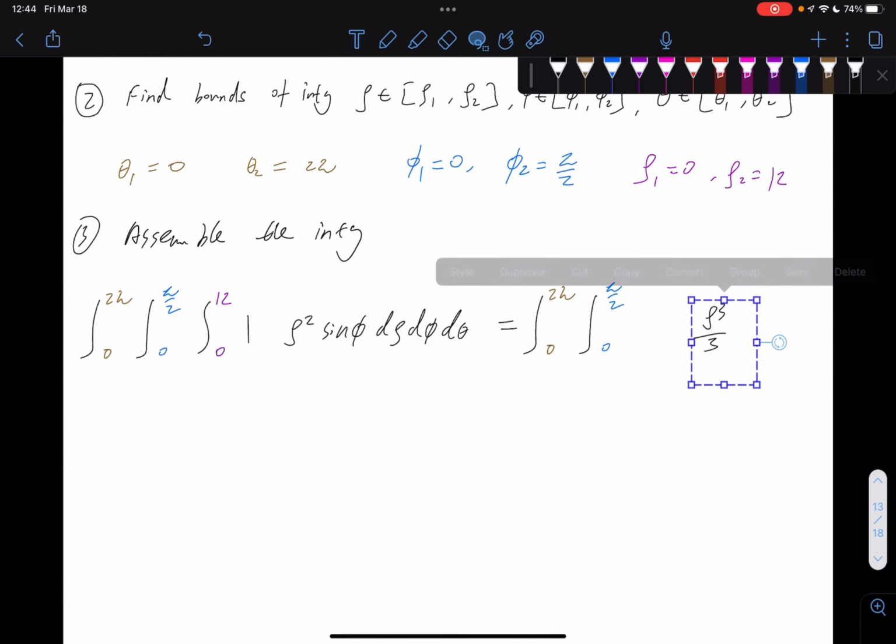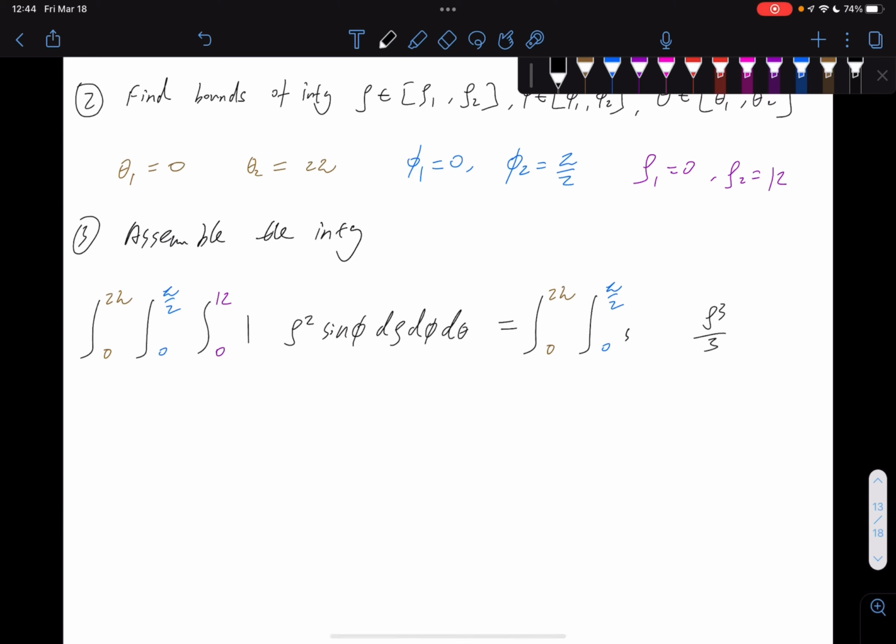Right, so rho squared integrates to rho cubed over 3, times sine phi, from 0 to 12, d phi d theta.